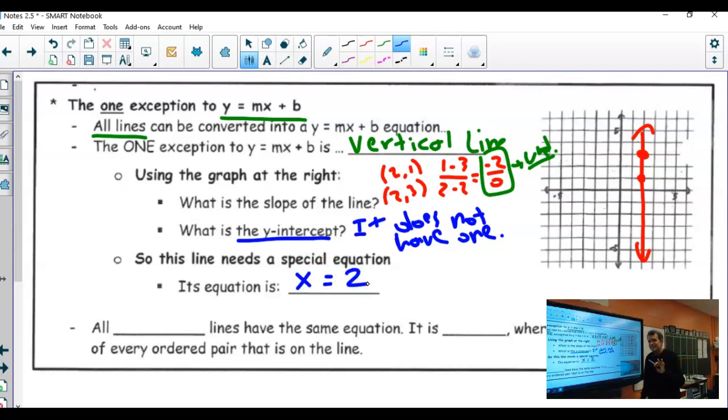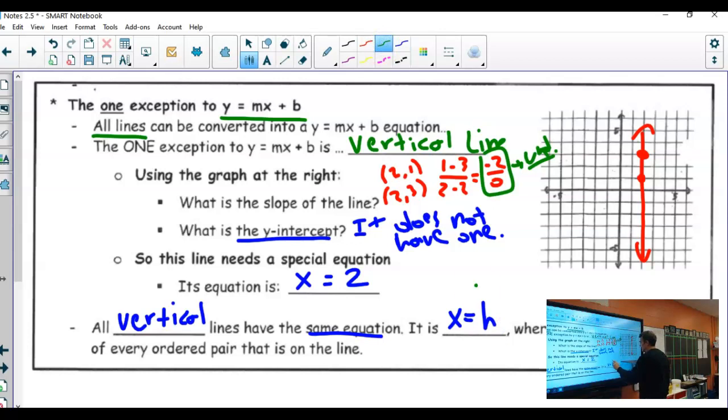And in fact, I would claim that all vertical lines have essentially the same equation. The equation mathematically is x equals h.